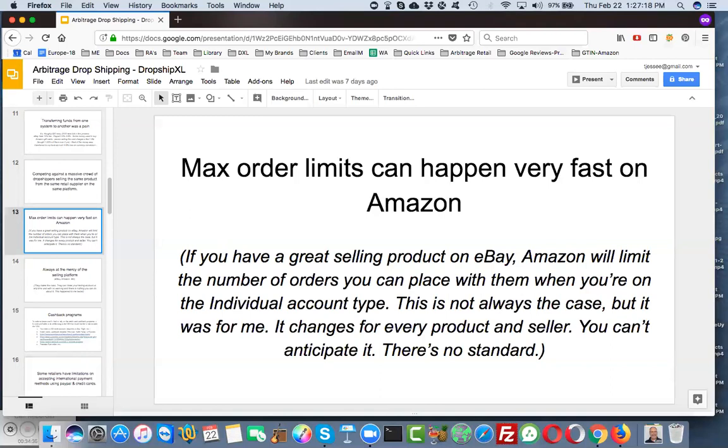So if you have one product that sells like crazy on eBay and that happens, and suddenly you cannot purchase it from Amazon anymore, you're stuck. Right, the transparency is just not there. You have to test it out and find out after the fact. Definitely be aware of that.